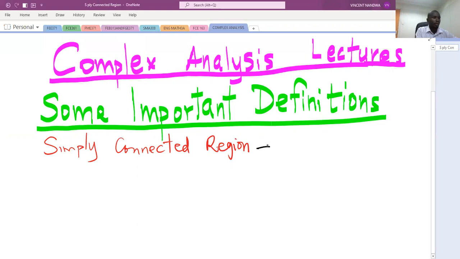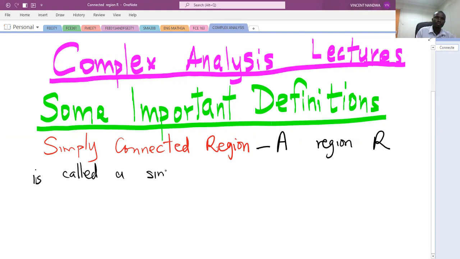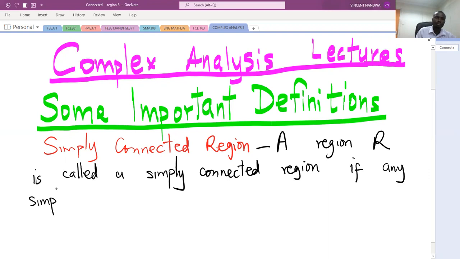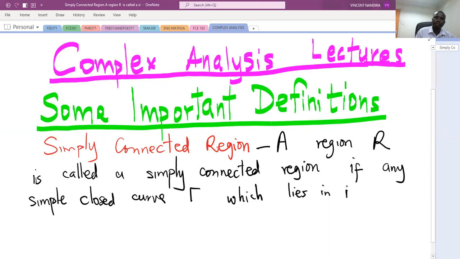Let's say a region R is called simply connected region if any simple closed curve, say gamma, which lies in R, can be shrunk to a point without leaving the region R.